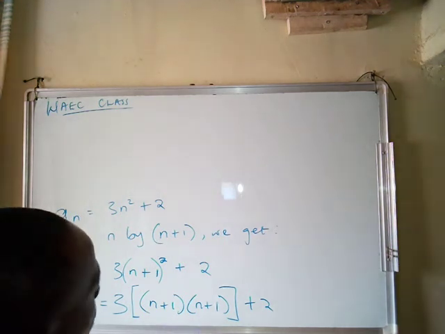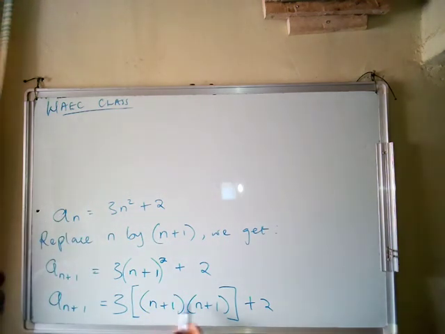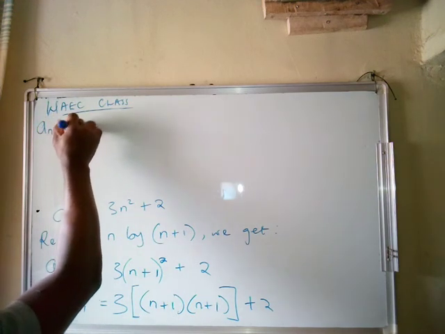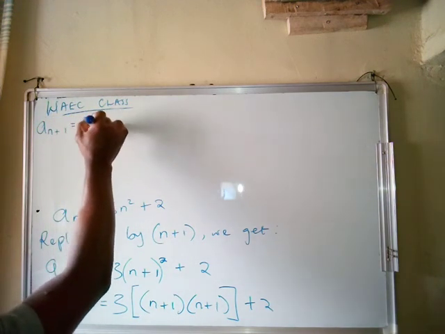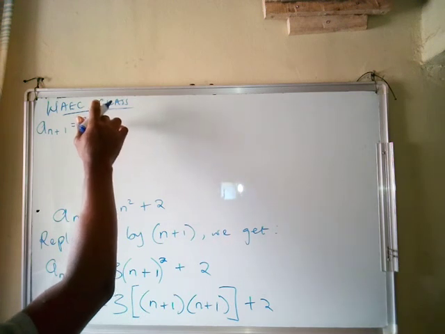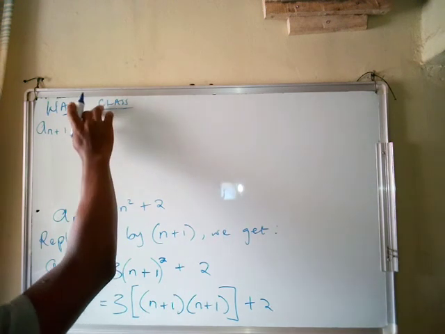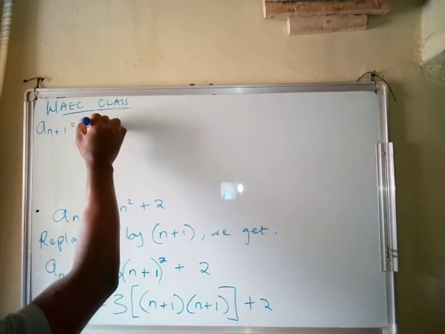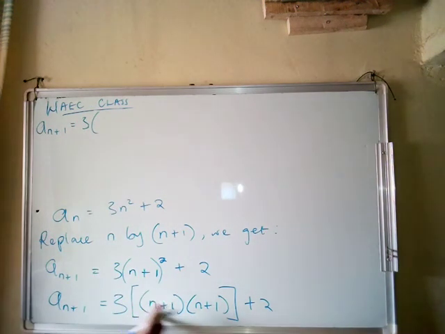So let's resolve this. We need to multiply out here. We still have our a_(n+1) is equal to 3. By the time we multiply out, we are going to have just one bracket.